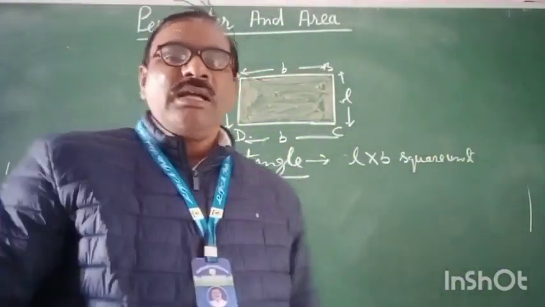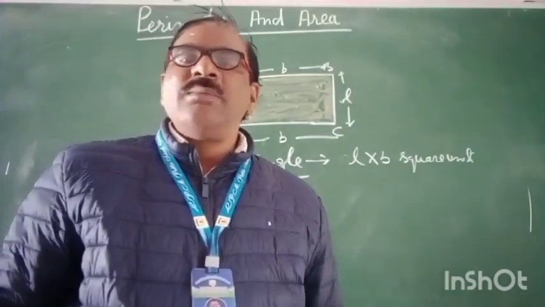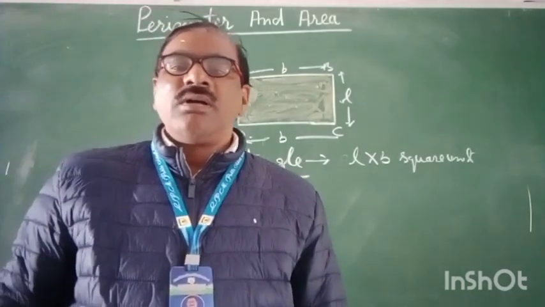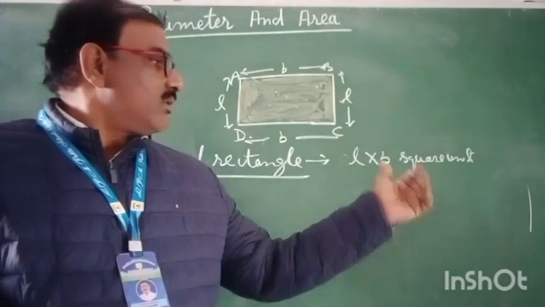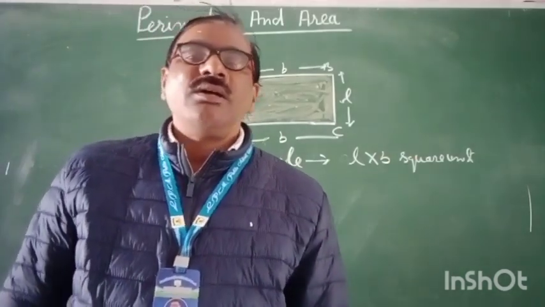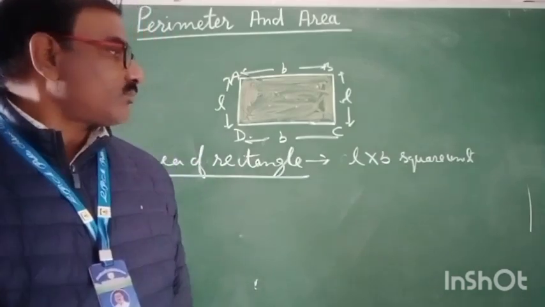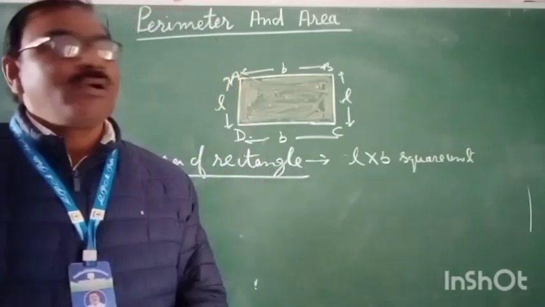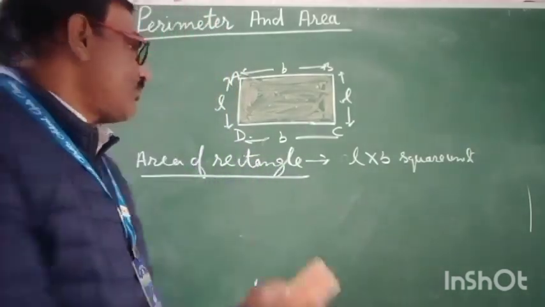If length and breadth are in centimeter, then the area of the rectangle will be centimeter square. If length and breadth are in meter, then the area will be meter square. Now how will I find the area and perimeter of a square?